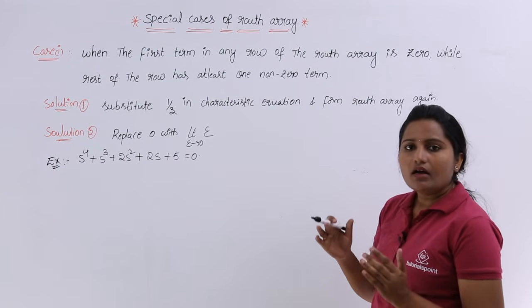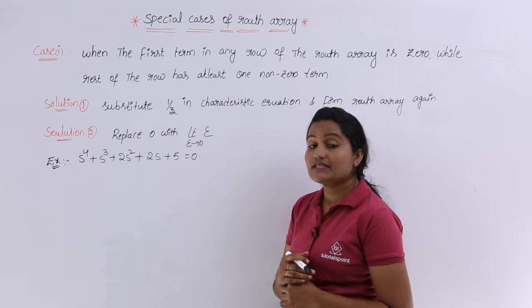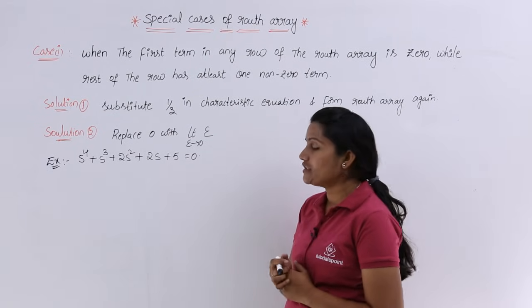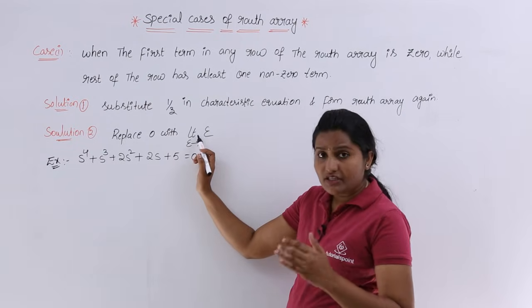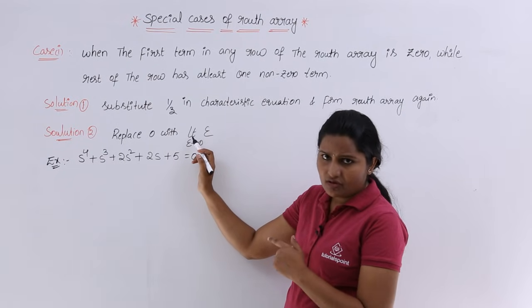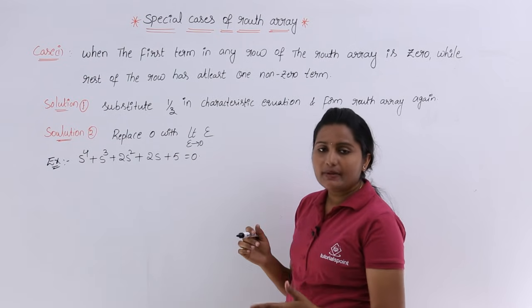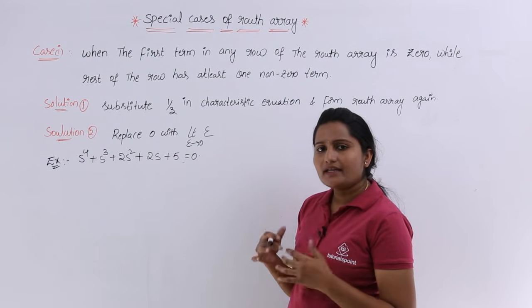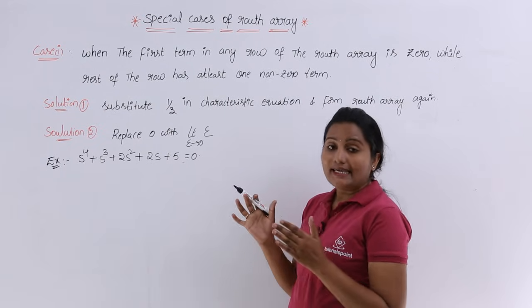Another solution is to replace 0 with the limit of sigma tending to 0; this is not a summation, it is sigma tending to 0, and we replace 0 with sigma. By taking a simple example, you are going to understand the whole case 1.